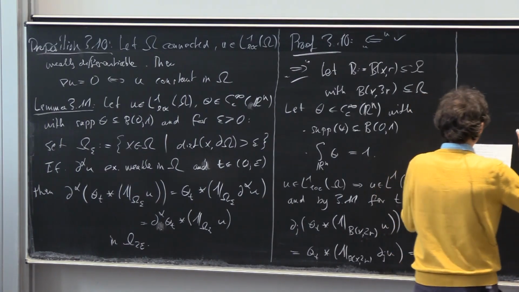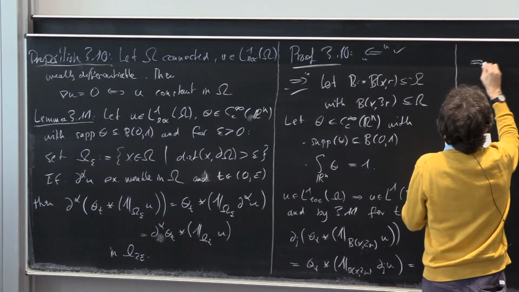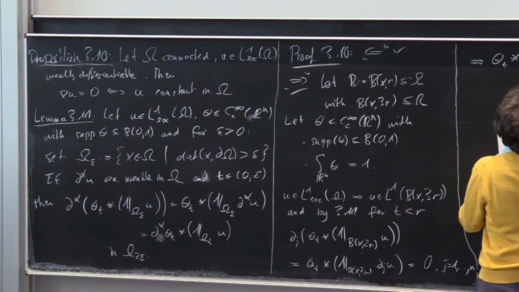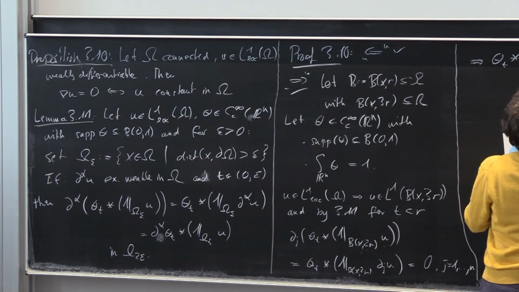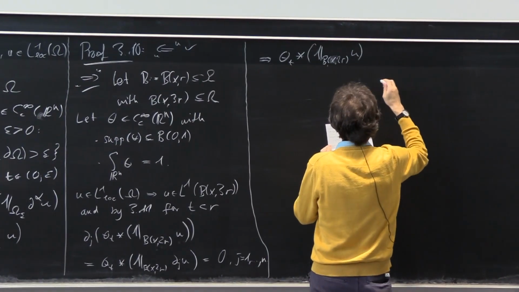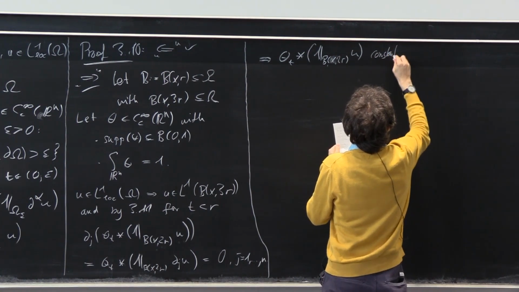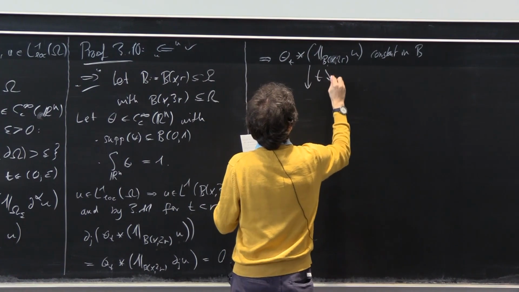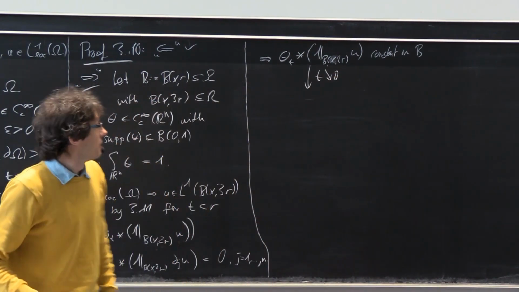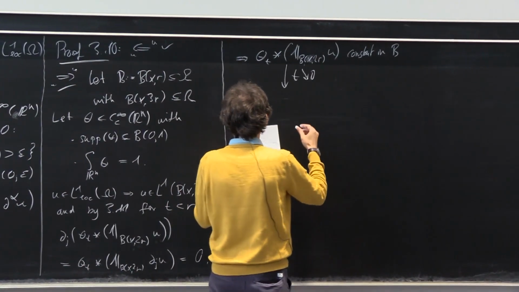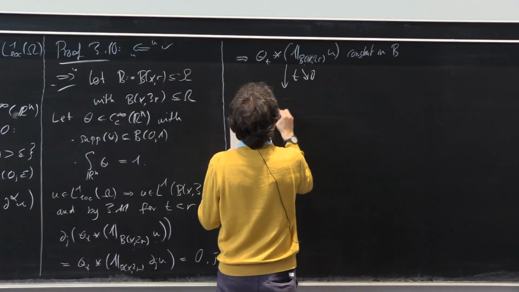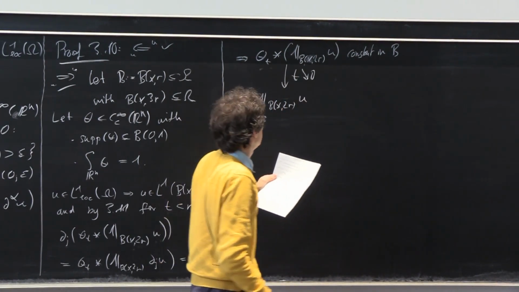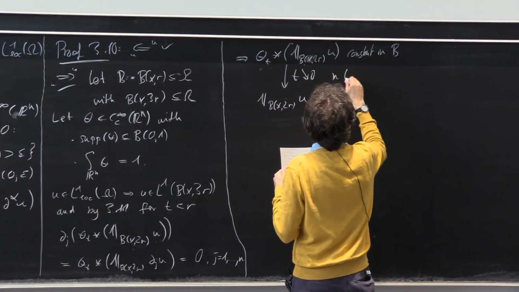So what we now know is that the function theta t convoluted with the cutoff version of u is constant, at least, let's say, in all the ball B. Now let t go to 0. For every t, it's a constant function, and you know that it converges, because theta t is a modifier, to the cutoff version of u in L1 of Rn.